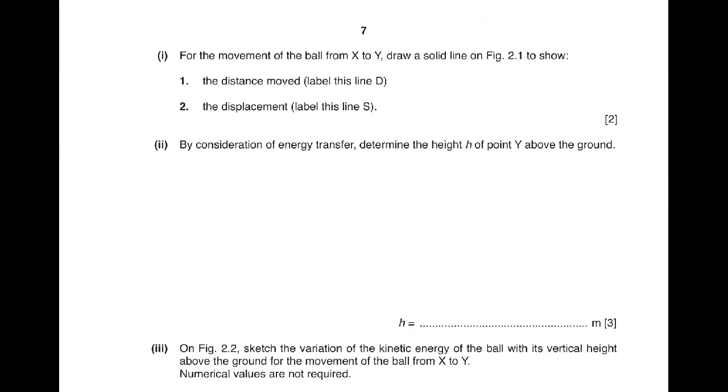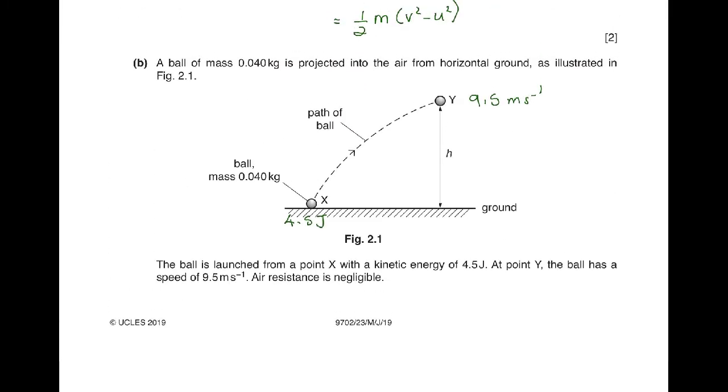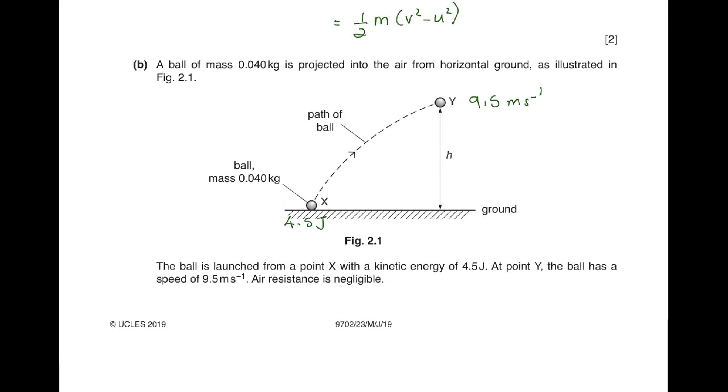For the movement of the ball from X to Y, draw a solid line to show the distance moved and then the displacement moved. Okay, so this is asking you, do you know the difference between distance and displacement? Now, the distance moved will just follow the path of the ball.